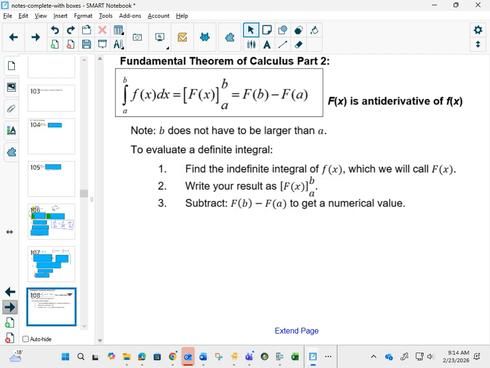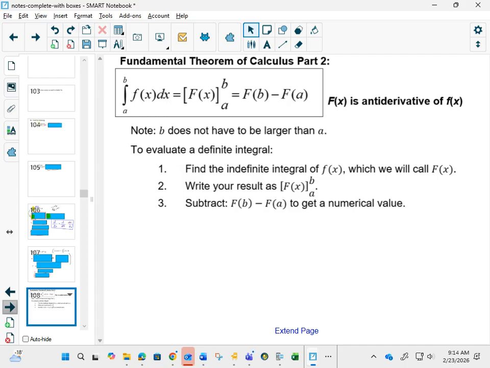which says if you want to find the area under the curve from a to b of some function little f of x dx, since we know the derivative is f of x, right?